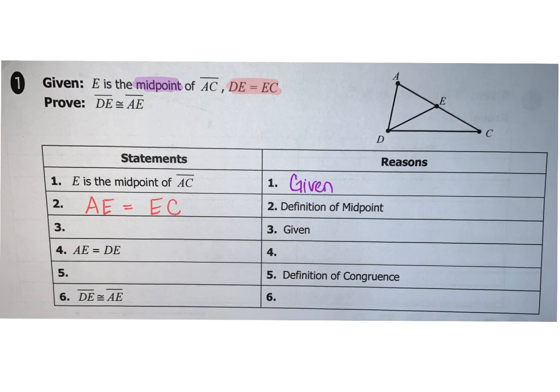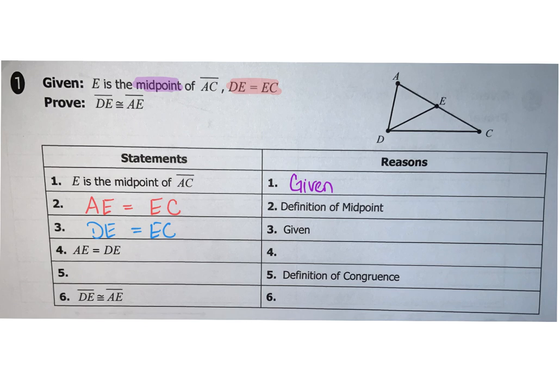For the third step, we're going to go back to our given. We have not used all of our given information. What's the other piece of information that we know? DE also equals EC. So if we know that AE is equal to EC and DE is also equal to EC, then we can assume that AE is equal to DE.